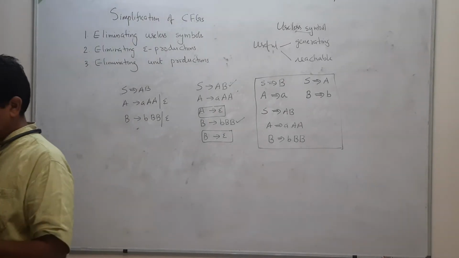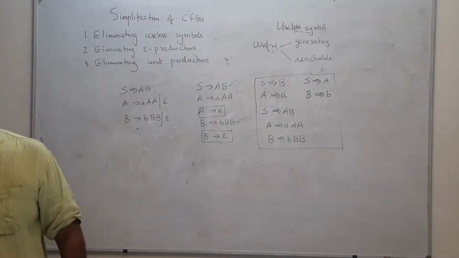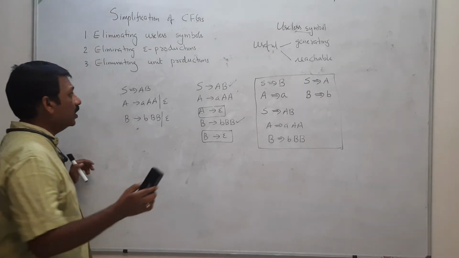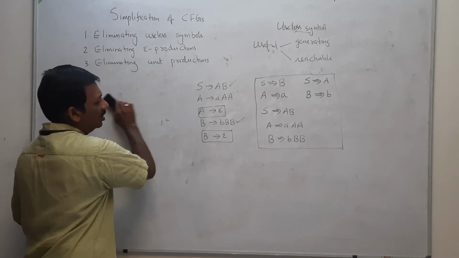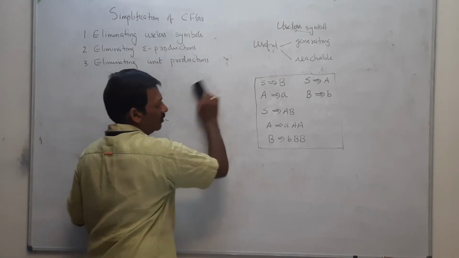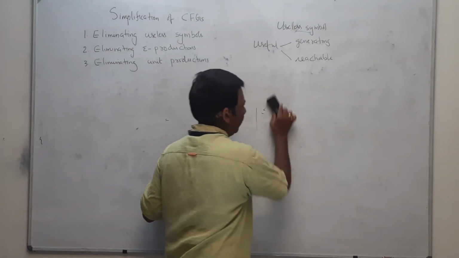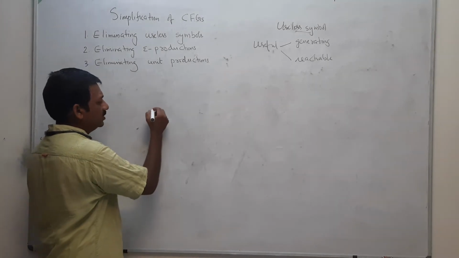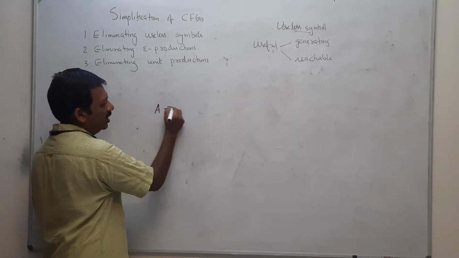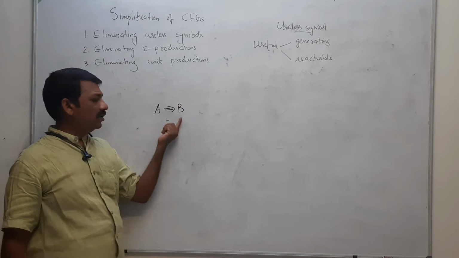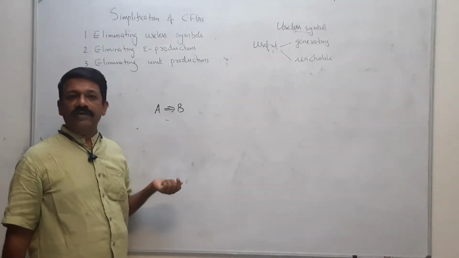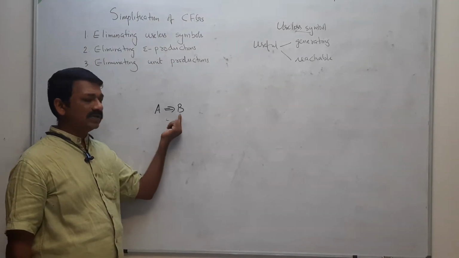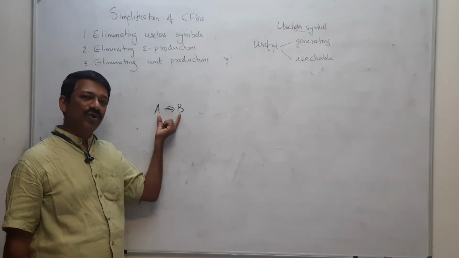So that is the way we can eliminate epsilon productions, and now we are going to discuss what are unit productions. See, a production in which the left hand side and right hand side are single non-terminals, that is called a unit production. That means both the left hand side as well as the right hand side have a single non-terminal.